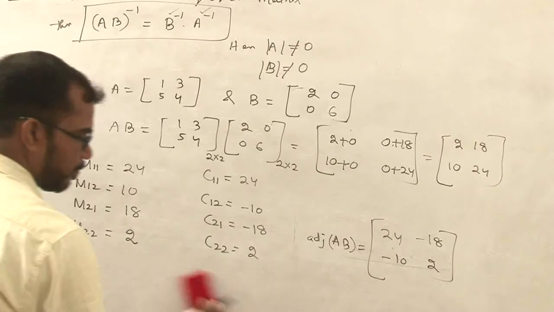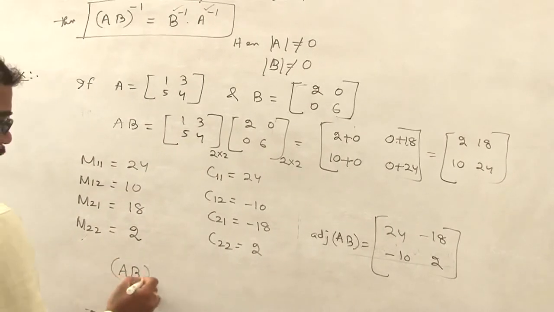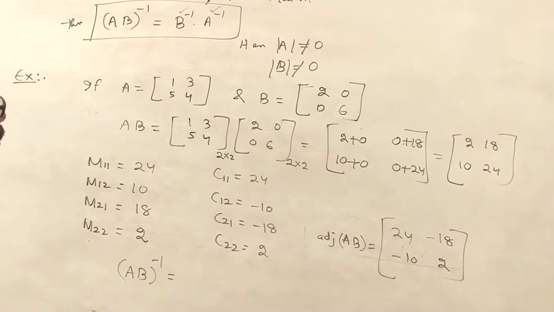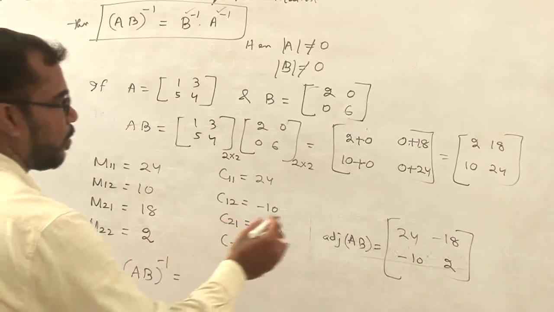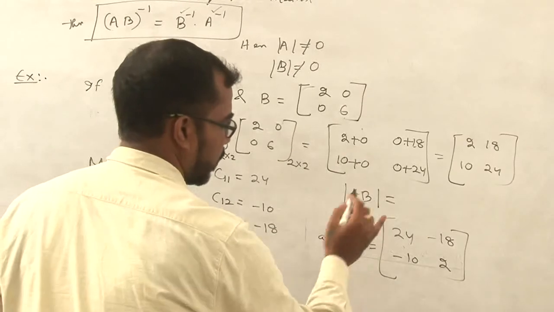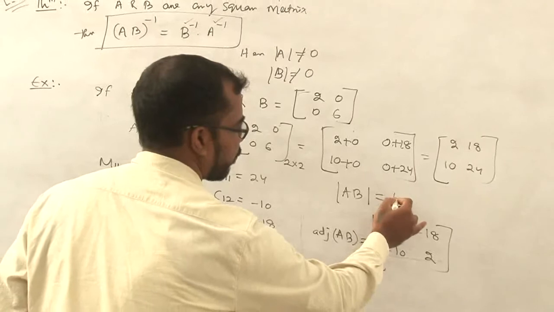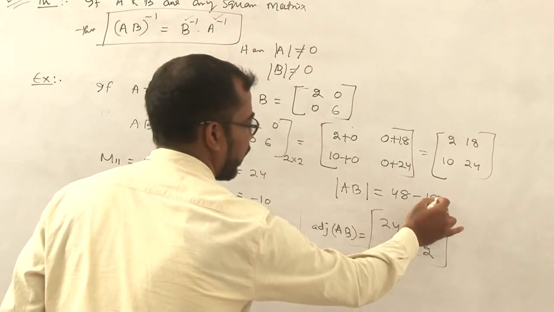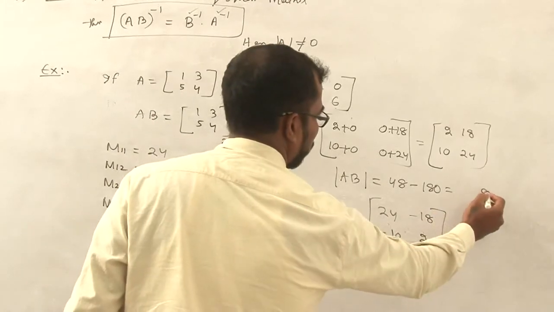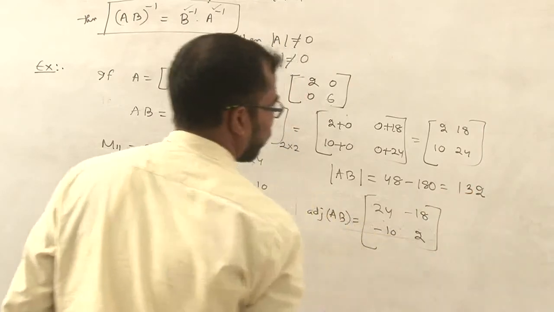Now you can find inverse of AB. So inverse of AB is possible. First we can evaluate determinant of AB. So determinant of AB is 24 into 2, that is 48, minus 180. Okay, if we subtract, then we get 132.